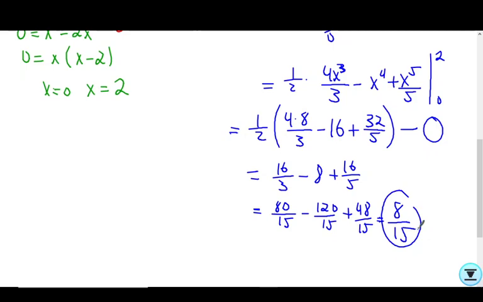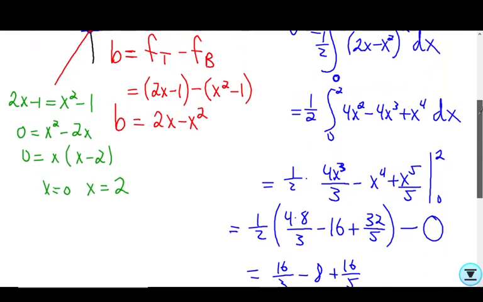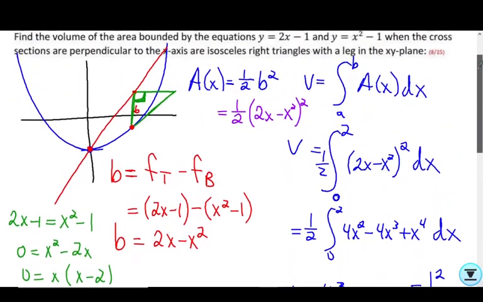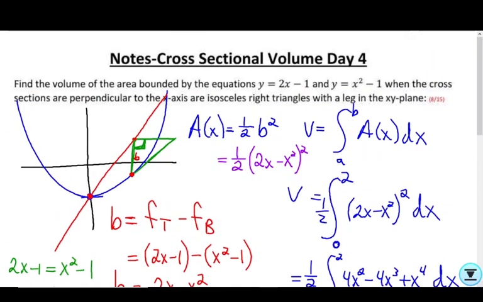Now, I do want to show you guys one thing. If I had said, instead of find the volume of this cross-sectional solid, just find the bounded area of my two functions, our equation would have been almost identical.